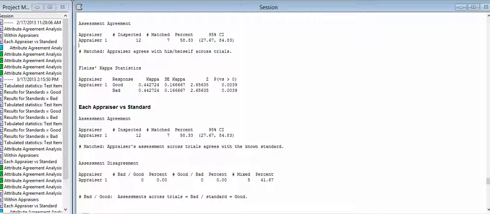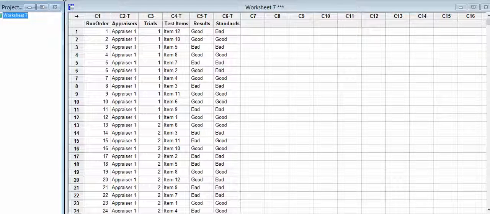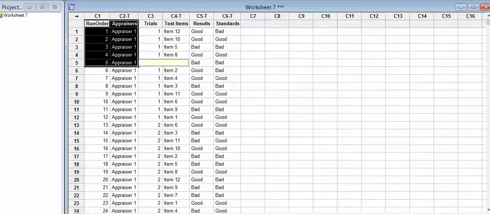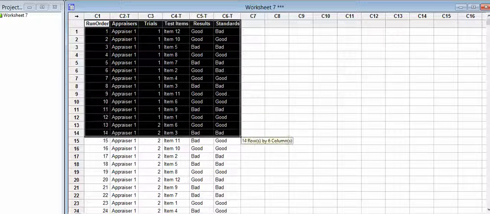Minitab does also calculate 95% confidence interval in this particular case, being 27.67% all the way up to 84.83.